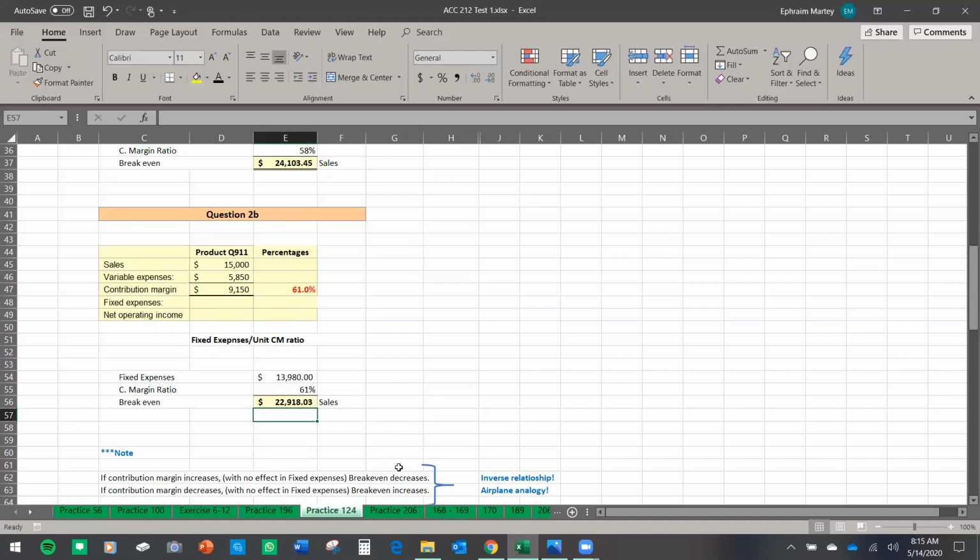If contribution margin decreases with nothing happening to fixed expense, break-even is going to increase. So contribution margin has an inverse relationship with break-even point if nothing is happening to fixed expenses.